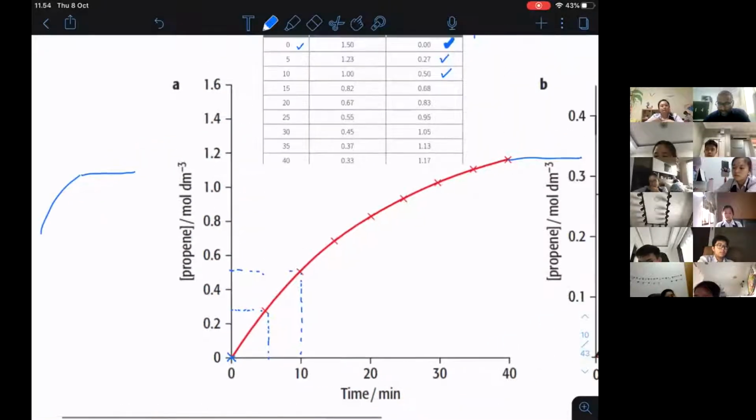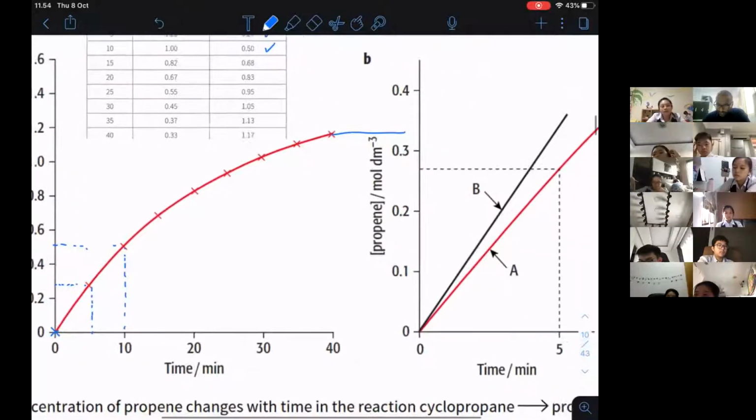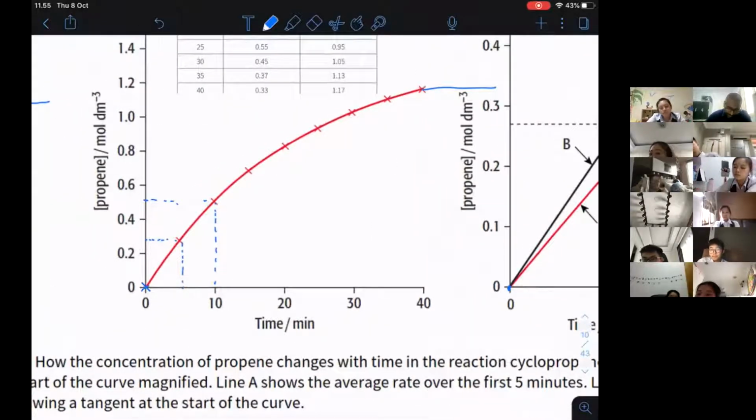So now what they did is draw another graph. What is the graph that they draw? They took from 0 to 5, from here to here, which means they took this part of the graph and enlarged it.